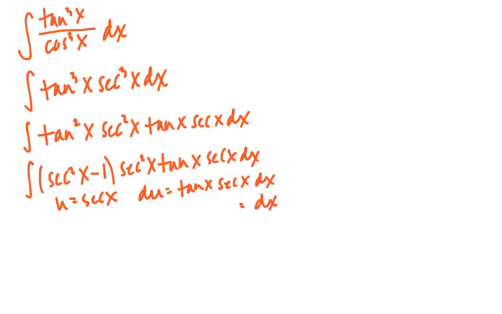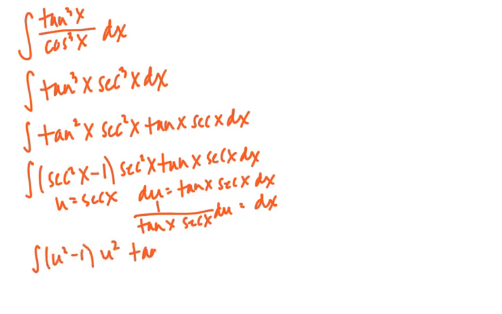So dx is 1 over tangent x, secant x du. So we have the integration of u squared minus 1 times u squared times tangent x secant x dx times 1 over tangent x secant x du.